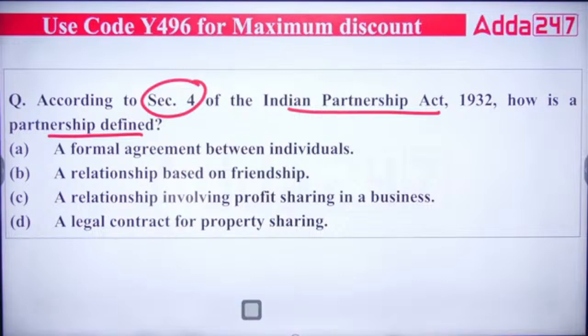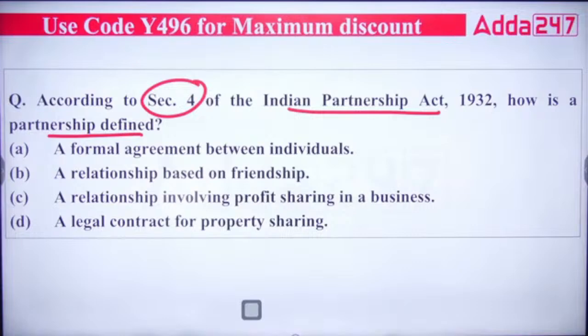Section 4 of the Indian Partnership Act defines a partnership as the relation between persons who have agreed to share the profit of a business carried on by all or any of them acting for all. That's the definition that has been given.